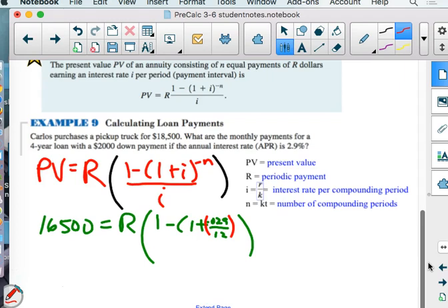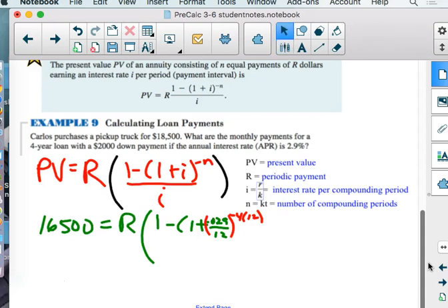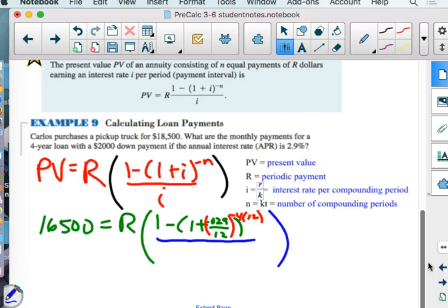How many years? How many payments each year? So again, I'm going to write 4 times 12 up here so that people can follow the notes, but we would probably just slap a 48 up there, so negative 48. 1 plus I, I'm missing a set of parentheses here. And down on the bottom, we're back to our 0.029 divided by 12.